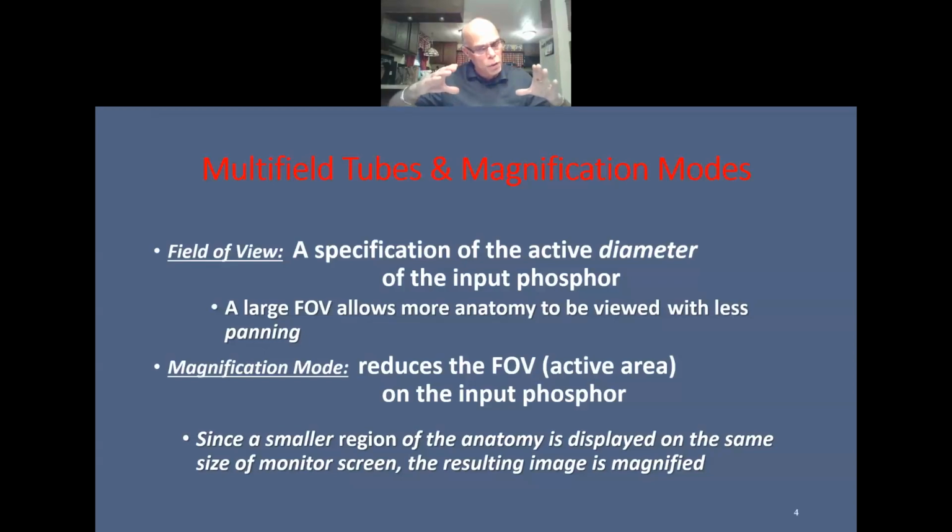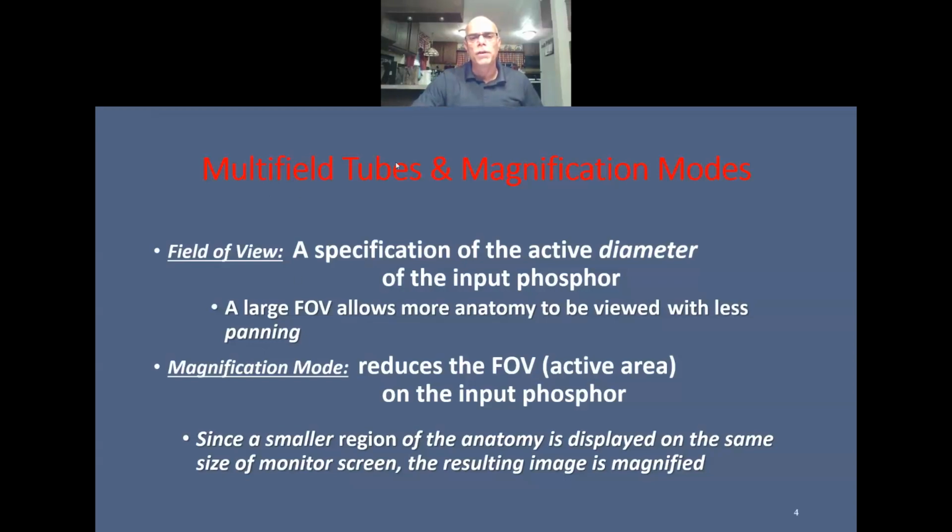You see a lot more detail, because it's displayed on the same monitor with the same number of pixels, but it's less area to be spread out. So each area on that image has got more pixels because it's less of the anatomy being projected on the monitor.